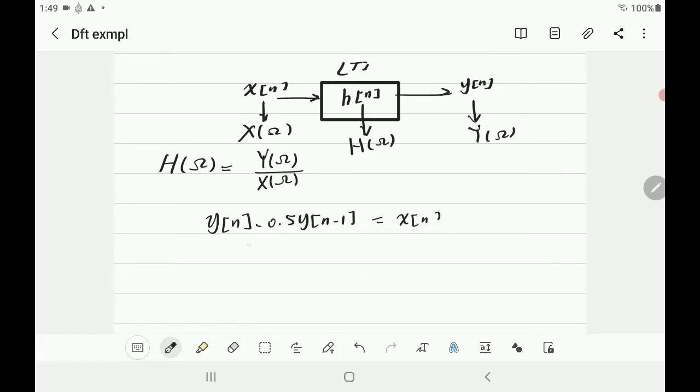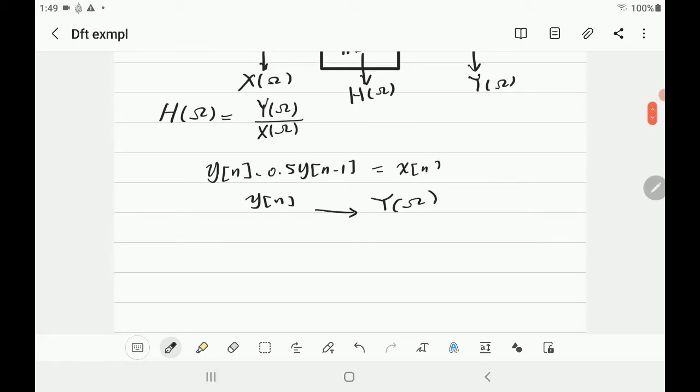We know that y of n, by the discrete Fourier transform, will be Y of omega. What about if you have a time shift like y of n minus 1? We have to review the property.